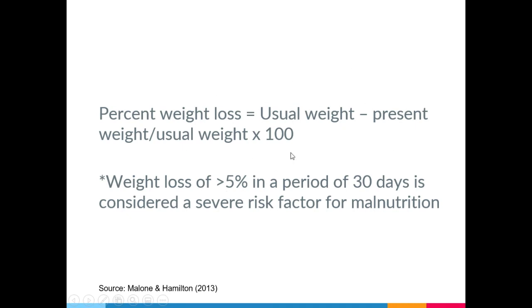Okay. For example, ang usual weight is 60 and then ang present nga weight sa patient is 52. So that's 60 minus 52 divided by 60 times 100. So if mag-5% gani, then severe na ang risk factor for malnutrition. Okay?